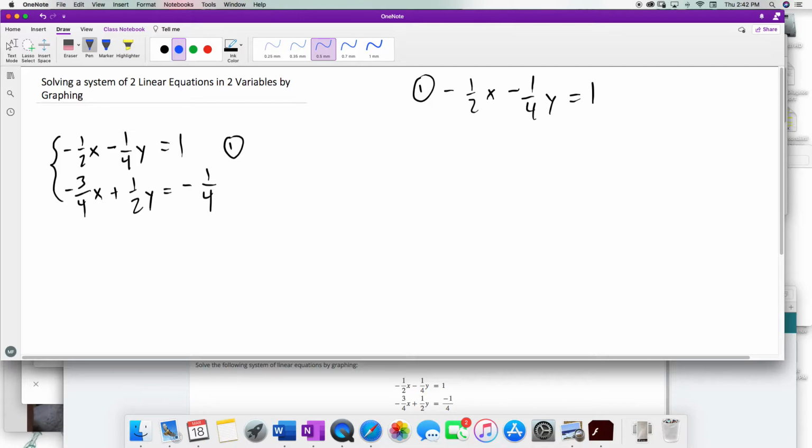The first thing I'm going to do is add 1/2 x to both sides. The reason we want to do this is because we want to get rid of the negative 1/2 x that's over here. We want to have just a y on the left side.